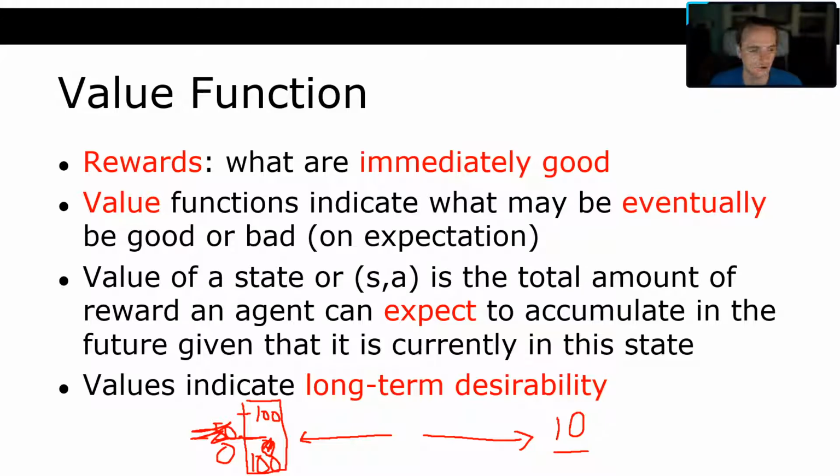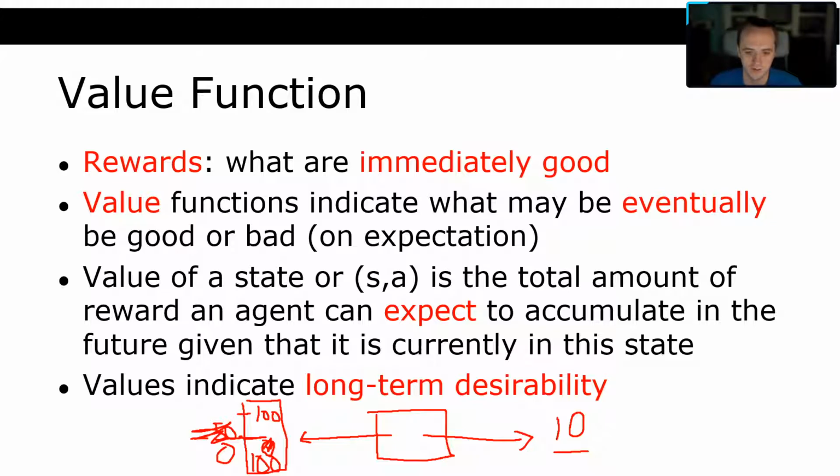Versus if I chose right 1,000,000 times, I would have 1,000,000 reward, or 10 million reward even. So the value is an indicator of the amount of reward, or the return, right? The sum of future returns that you can expect to accumulate from a given state or a given state action pair. So that's what that is.